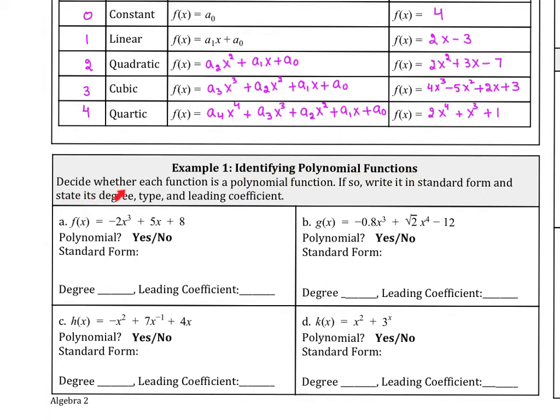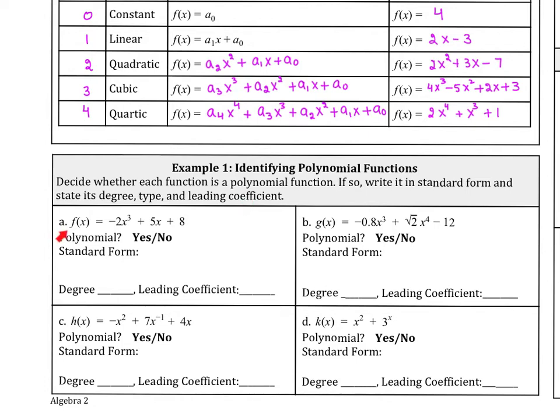You're going to decide whether each function is a polynomial function. If you decide that it is a polynomial, then we are going to write it in standard form. Remember, standard form starts from the highest degree and goes to the lowest degree, in descending order, and we state its degree, its type, and the leading coefficient.